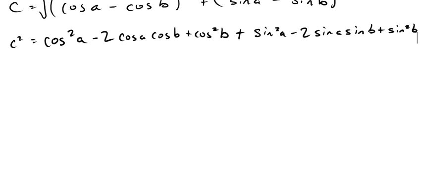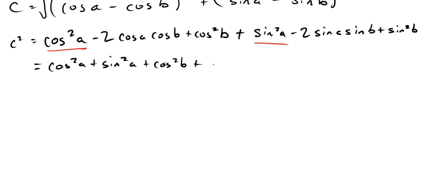Nobody sees it? What if we rearrange? What's going on here? Ah, right. So cos squared A plus sine squared A. So I've got this one and this one. And then plus cos squared B plus sine squared B. So now I've got this one and this one.